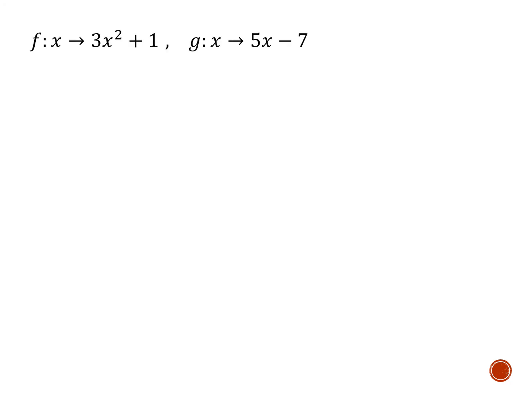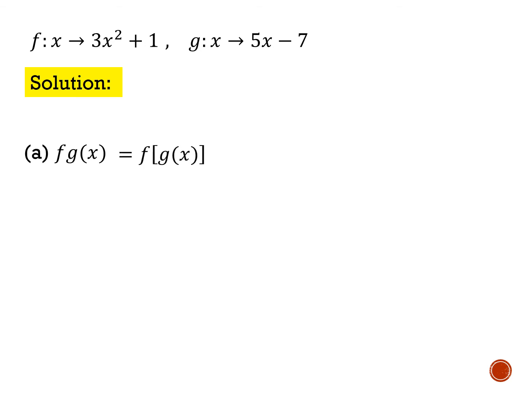Let's take a look at the solution of example 1. We have f(x) equals 3x squared plus 1 and g(x) equals 5x minus 7. Question A asks to find f(g(x)). This means that the output values of function g are used as the input values for function f, so we substitute g(x), which is 5x minus 7, into f.